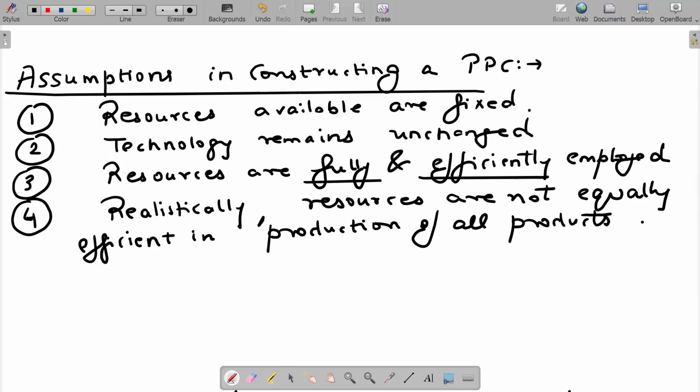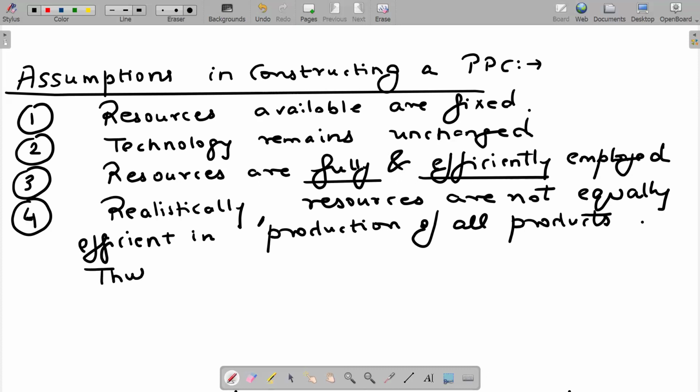So once I transfer resources from their best possible use to some other use, they are going to lose their efficiency. So I have to give up more and more of resources to make something where they are not ideally suited.